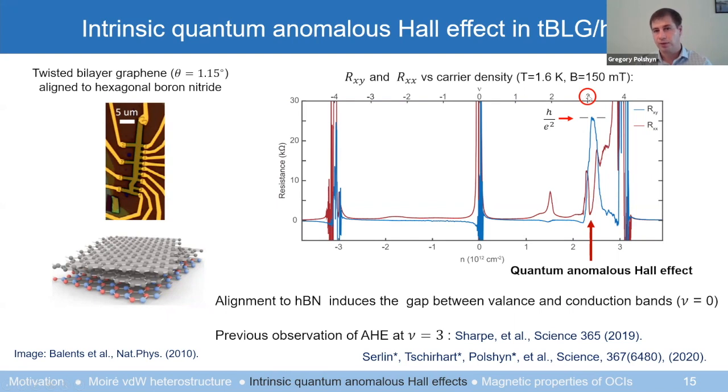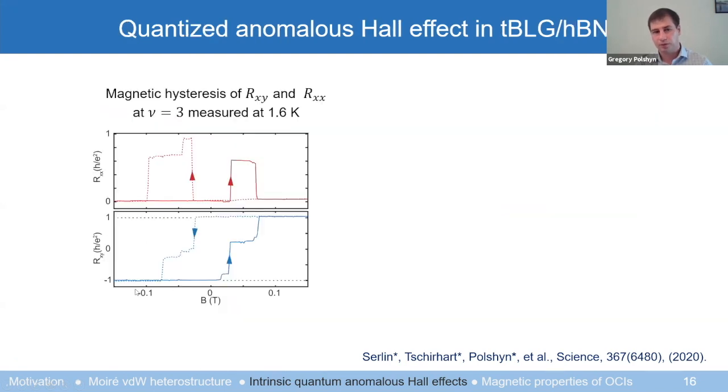If you now fix the carrier density around nu equals 3 and sweep the magnetic field, we can observe magnetic hysteresis. The longitudinal resistance stays pretty low, below 1 kilo ohm, while the Hall resistance is quantized at positive and negative magnetic field to h over e squared. Quite remarkably, this quantization persists all the way to zero magnetic field, and even in the metastable regime when the sign of the field is reversed.